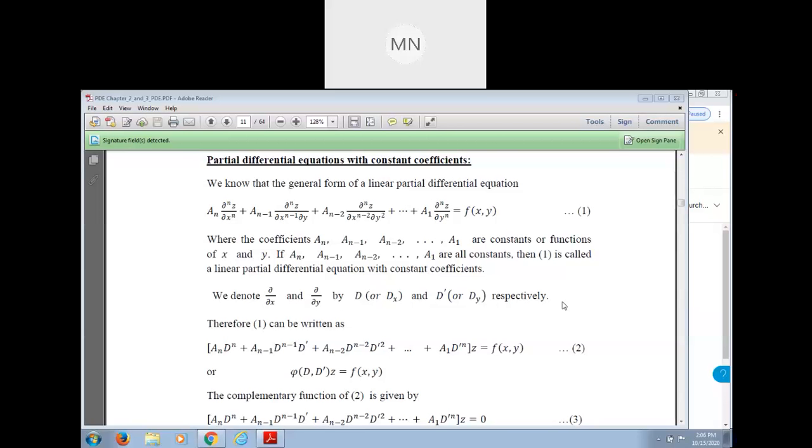Your aim is what? First you have to identify whether the equation is first order or second order. Now, can we identify whether the equation is first order or second order? Is there any confusion?